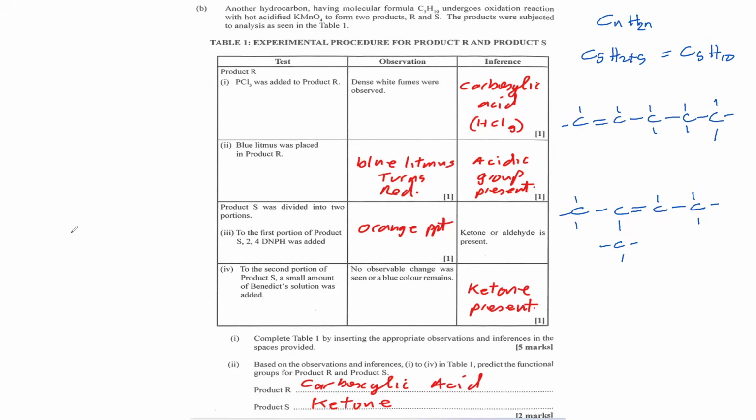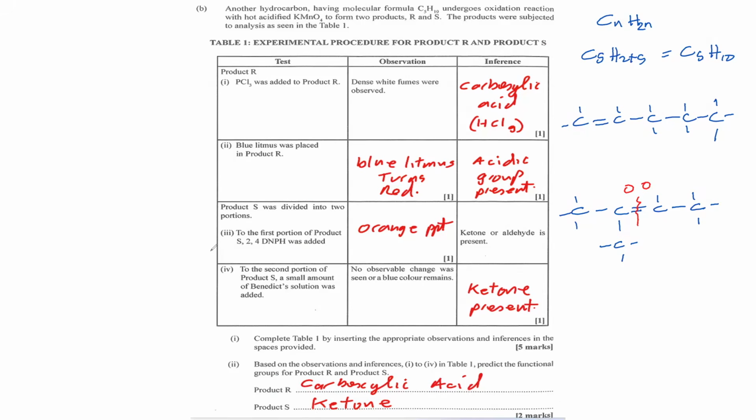And now, if we oxidize this alkene, we'd break it here, forming an aldehyde, because oxygen will be added to both sides. So the aldehyde will be added here, and oxygen will be added here, forming a ketone.